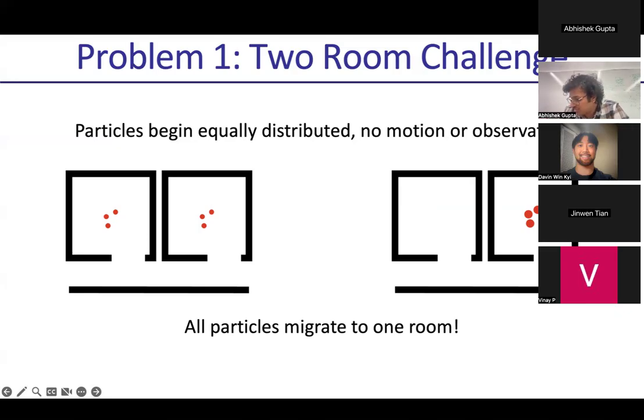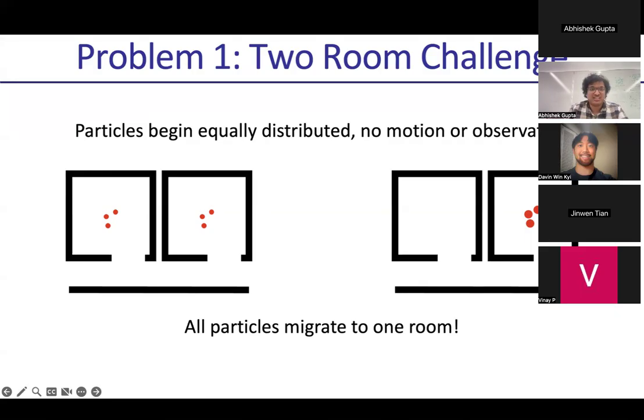And so even if you didn't move the system at all and you just kept resampling, often the particles will all migrate to one room, which seems like the wrong outcome, right? If you're in a system like this, really, you shouldn't have anything changing.